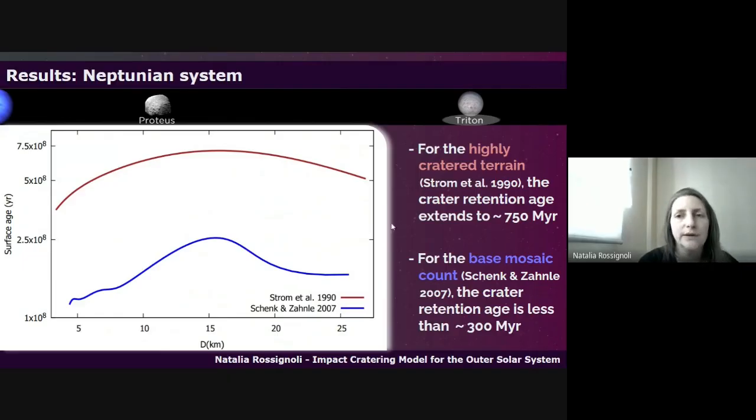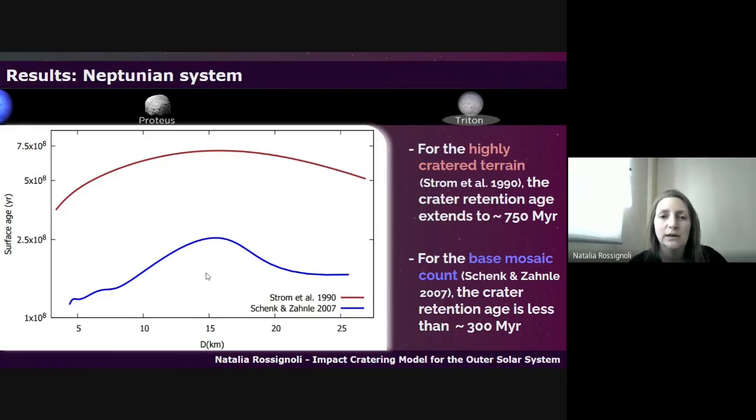For the case of the very highly cratered terrain published in 1990, if we think that these observed crater counts are representative of the whole surface of Triton, then a crater could survive on Triton as old as 750 million years, not more than that.